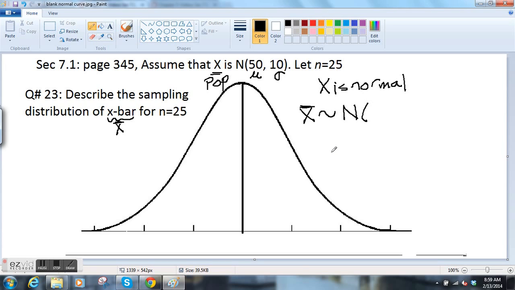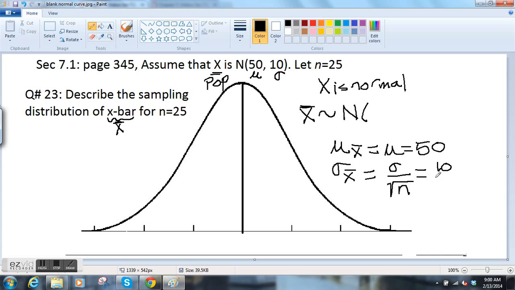The mean of x bar, mu of x bar, is equal to the mean of the population, which in this case is 50, and the standard deviation of x bar is equal to the standard deviation of the population divided by the square root of n. So in this case, that's 10 divided by the square root of 25.